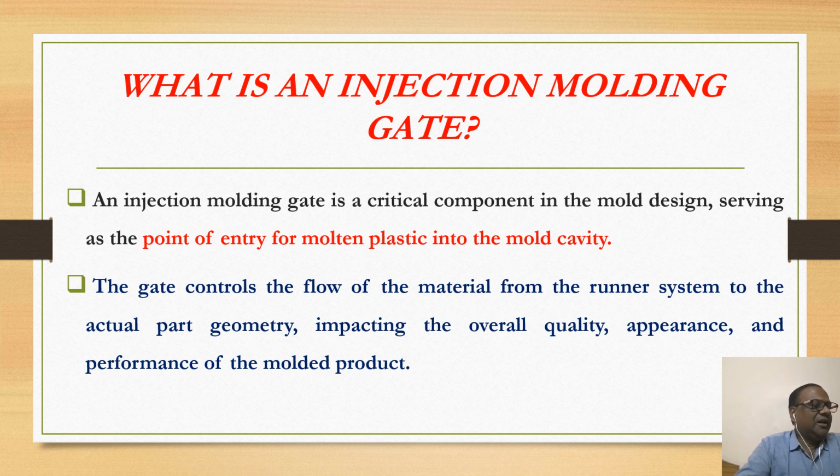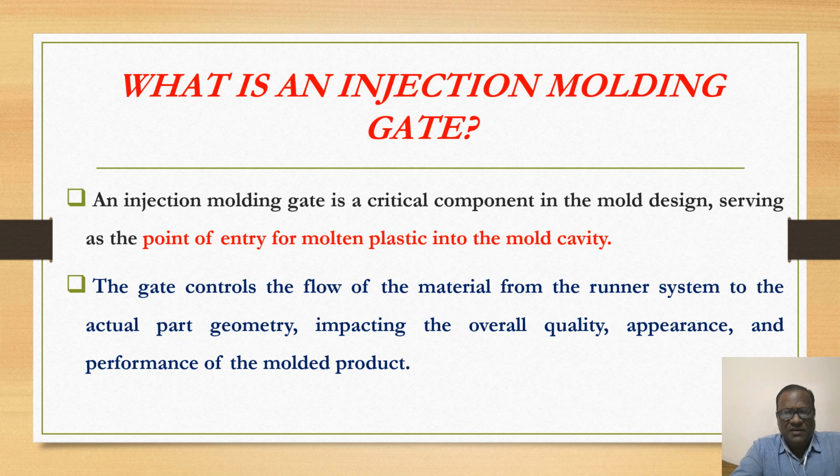So the molding material, as well as the geometry and the appearance of the product, is another point to be kept in mind, because sometimes the impression of the gate after ejection will be on the outer surface of the product. So sometimes the customers might have a restriction that the impression should not be visible to the public.